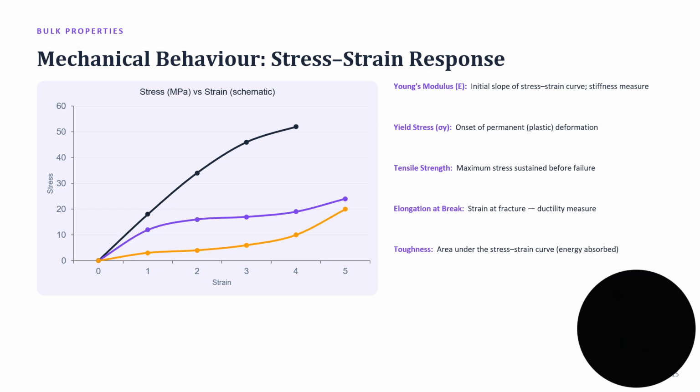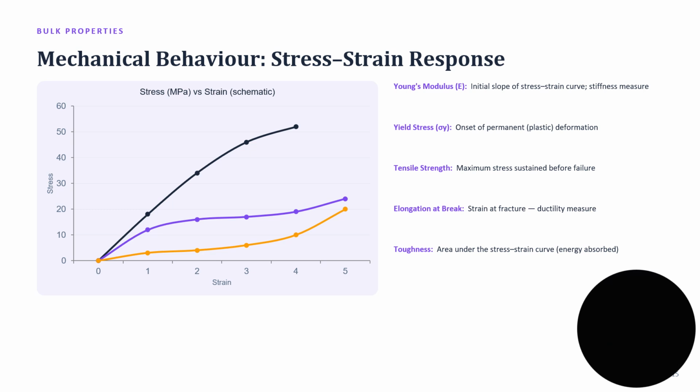Let's now look at how polymers respond mechanically through the classic stress-strain curve, one of the most information-rich plots in materials science. Notice the three distinct curve shapes here. The brittle material like polystyrene rises steeply and fractures at relatively low strain without plastic deformation beforehand.